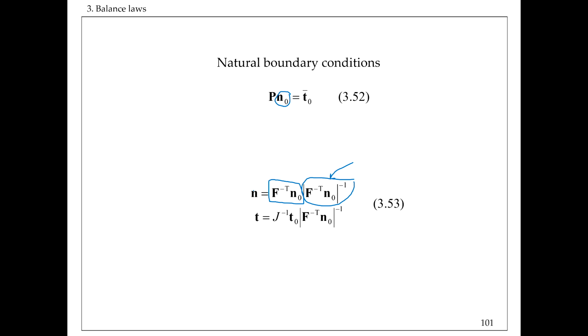However, n may not be a unit vector, and this is the way to normalize it, by dividing by the length, making it a unit vector again. In a similar way, we do the transformation and recover the traction in the deformed configuration and connect it to the traction in the undeformed configuration, T0.